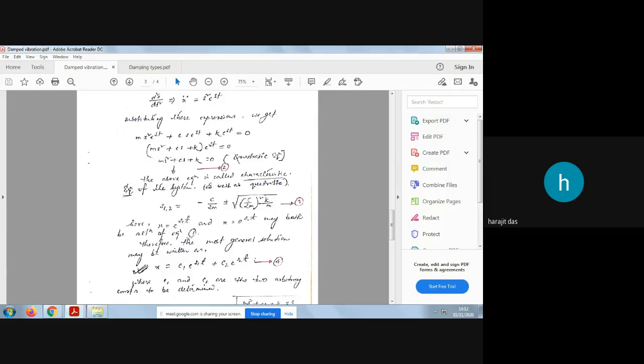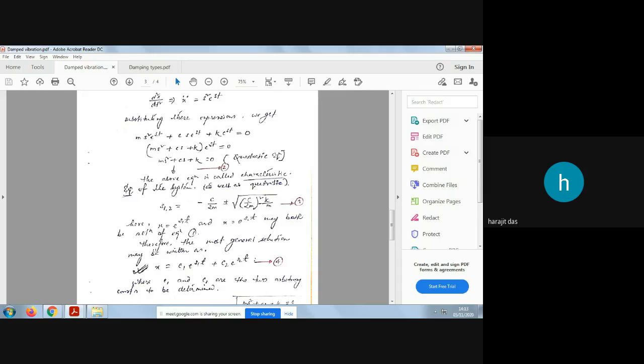Now our solution was x equals to e to the power st. Now we have got two values of s, so we will be writing the final solution as x equals to c1 e to the power s1t plus c2 e to the power s2t.